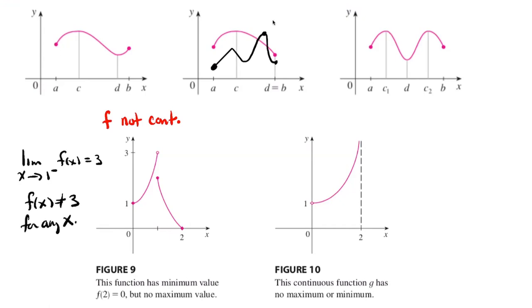So that's why there's no absolute maximum. The function's values get as close to 3 as you like, but they never get there. So that discontinuity is allowing this function to not have a maximum value. Its global minimum value is at x equals 2. It's 0. Over here, what's this function on the right? It's continuous, but the interval's not closed.